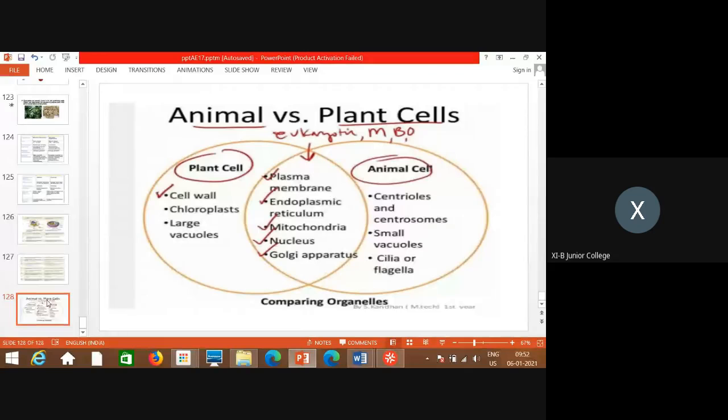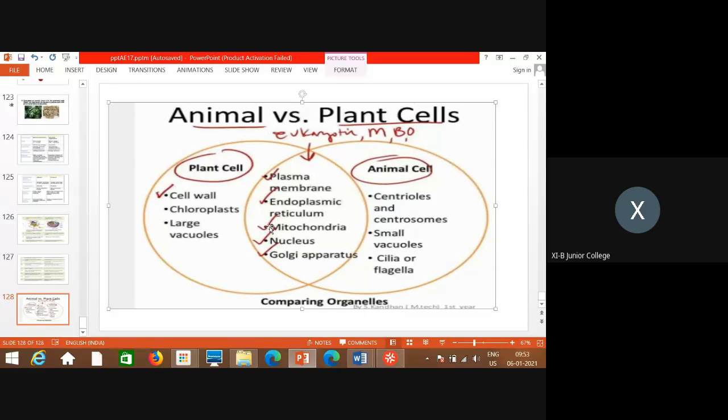Common points between plant and animal cells, that means the organelles. In the case of the plant cell and the animal cell, here you can see the uncommon part and here you can see the common part. Purposely I have shown this part, like a comparison of the plant and animal cell. When we compare the organelles, you can see these are specifically present only in plant cells and these organelles are present only in animal cells. But these are the organelles which are present in both.